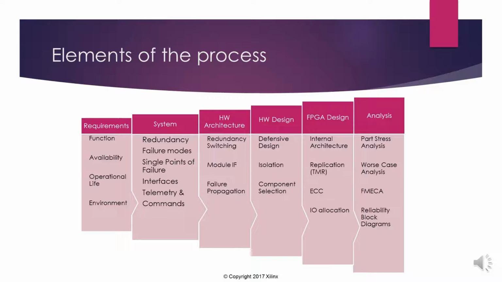We have the system, which will define the architecture of the system, the units of it. If it's mission critical, the single points of failure, the interfaces, the telemetry. We have the hardware architecture that we will consider with the routing and the switching, the module interfaces, ensuring that there's no failure propagation. And then we have the hardware design, the FPGA design, and the design analysis.